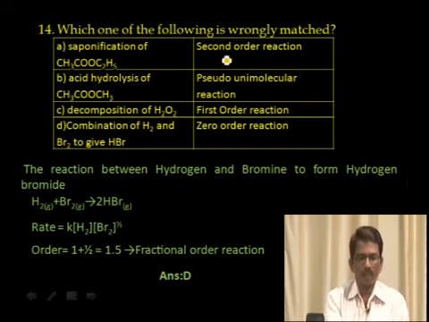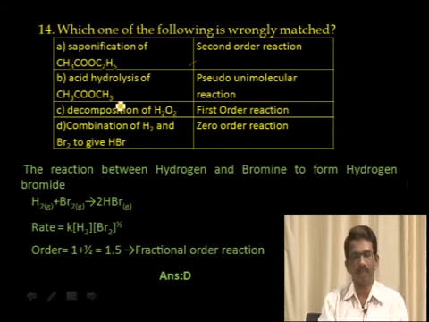So alkali hydrolysis of ester is a second order reaction, and that is correctly matched. Whereas acid hydrolysis of CH3COOCH3, which is called methyl acetate, as I told you just now in the previous question, is an example of pseudo unimolecular reaction, and that is also correctly matched.